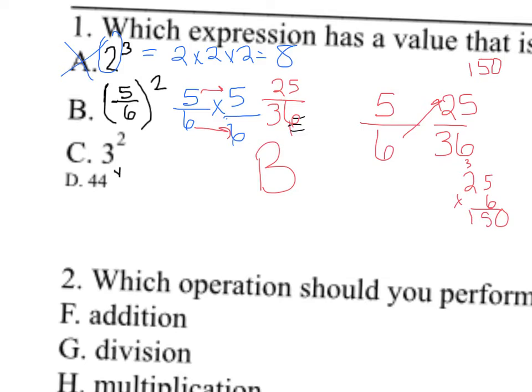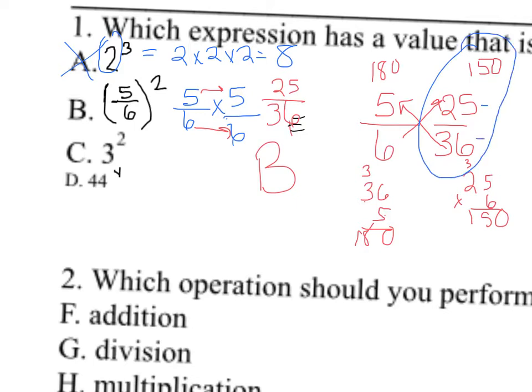Yeah, it's 150. And then 36 times 5. 6 times 5 is 30. Carry my 3. 5 times 3 is 15. That's 180.